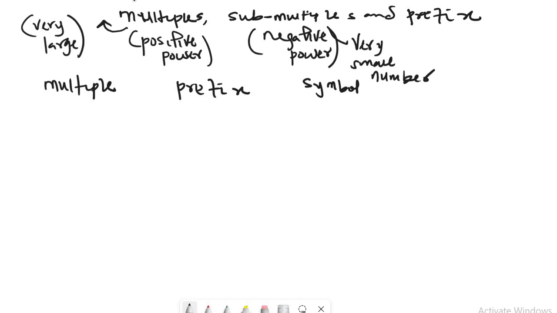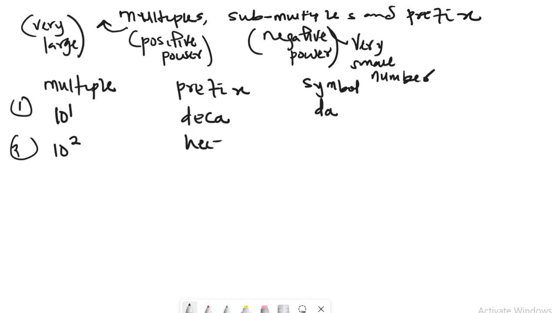Number 1, 10 raised to power 1 is called deca. The symbol for deca is da, small letters. Number 2, 10 raised to power 2 is called hecto. The symbol for hecto is small letter h.